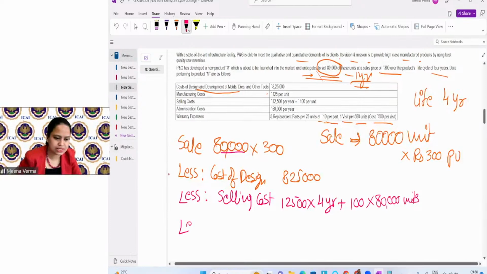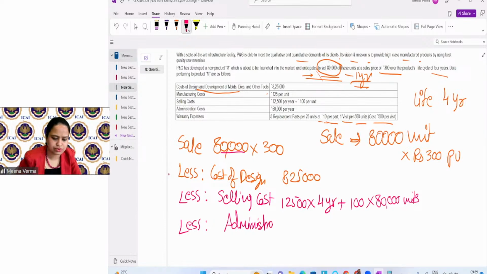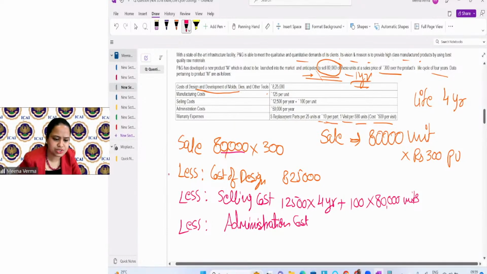Less administration cost. What is the administration cost? 50,000 per year, so 50,000 into 4 years. And then what is the next information? Warranty expense: 5 replacement parts per 25 units.